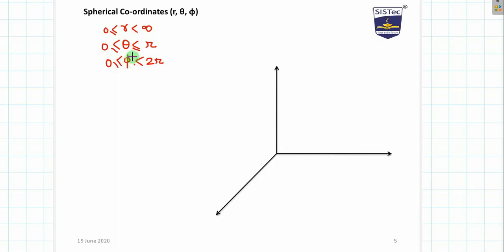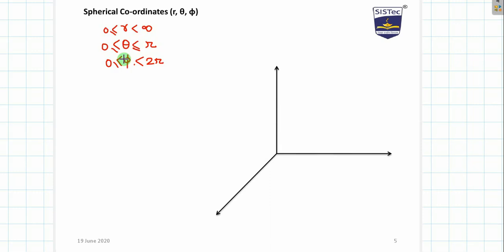Now, why do we study this coordinate system? As we have already discussed, sometimes in EMT, or electromagnetic field theory, we come across surfaces which have spherical symmetry.